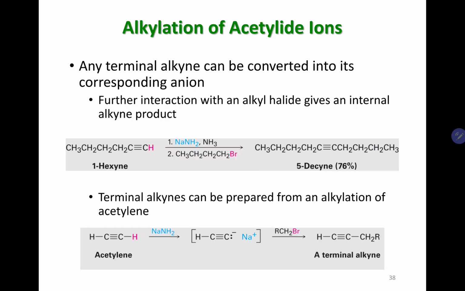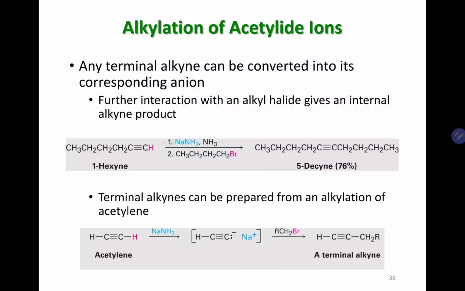By using this reaction, you can easily increase the number of carbons in your starting material. Let's look at this sample example in the slide. Here you have a terminal alkyne.